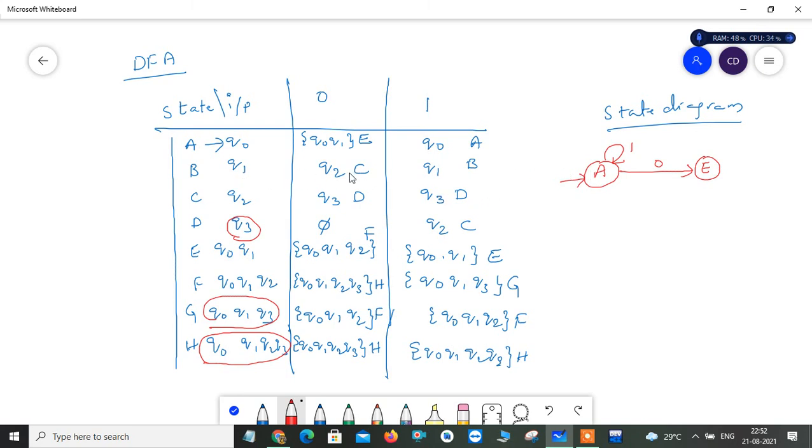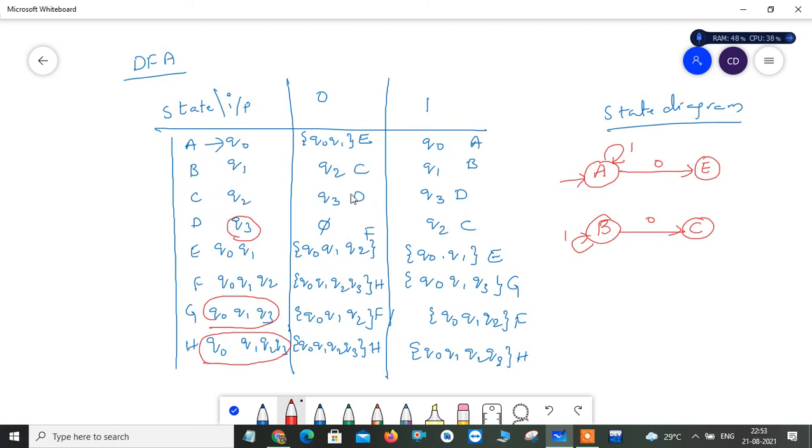If I take my input as 0, I'll move to C. So here I'm taking B and I'll take another state as C. Now from B I can move to C when my input is 0, and I'll be in the same state when my input is 1.